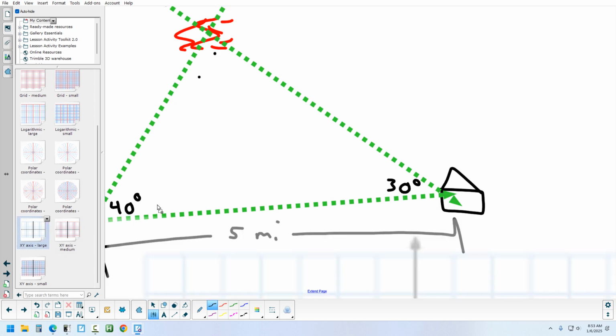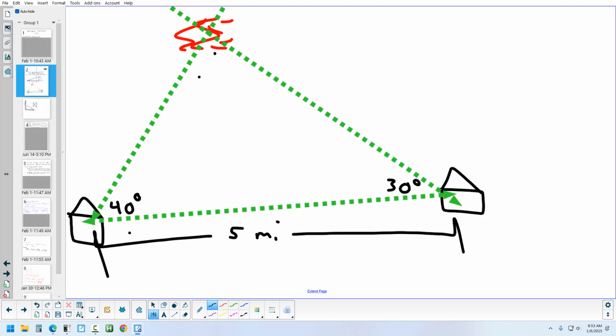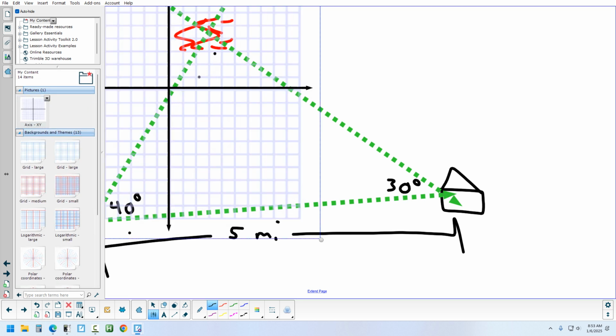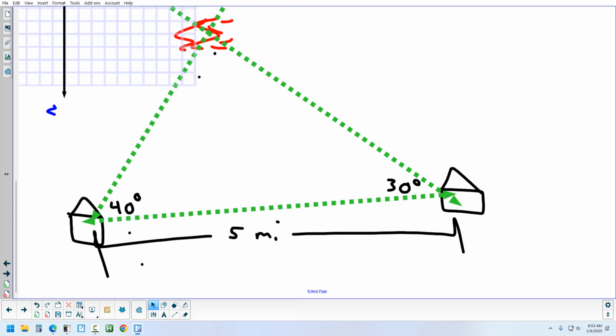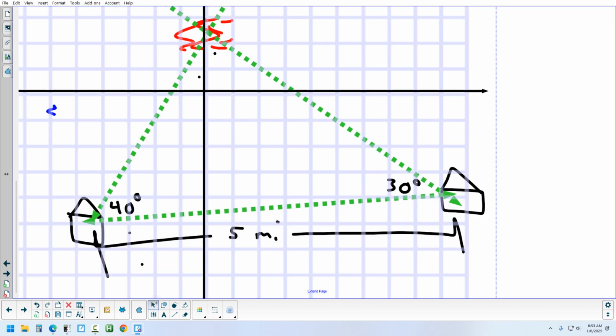Oh, it's probably putting it up at the top. You know what I can do? Let me do this. Let's just put this in, and just make it bigger. Okay, so now we've got a grid.